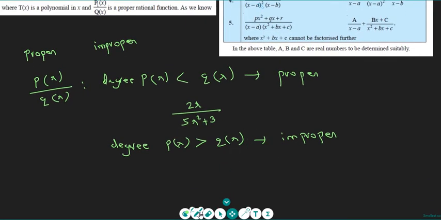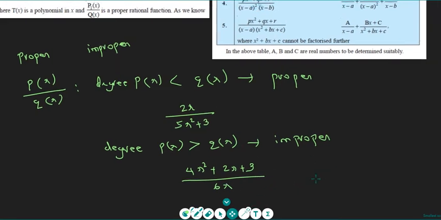For example, we will have something like 4x squared plus 2x plus 3 divided by, maybe, 6x. This is an improper fraction because the numerator degree is 2 and the denominator degree is 1. The numerator degree is greater than the denominator degree, so it is an improper fraction.